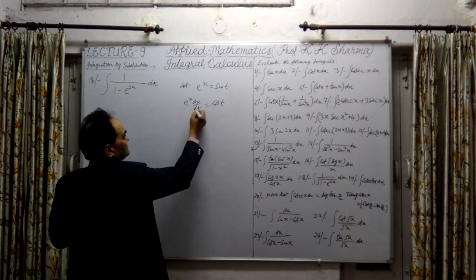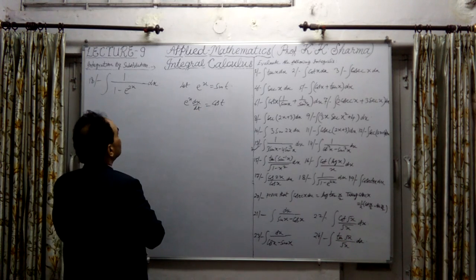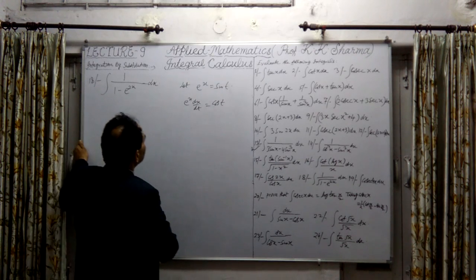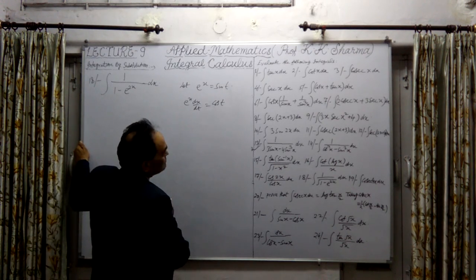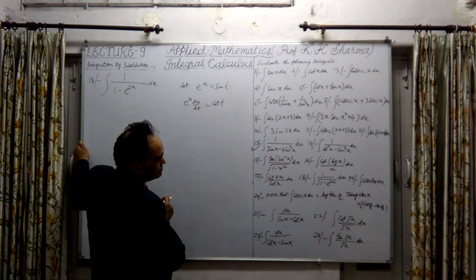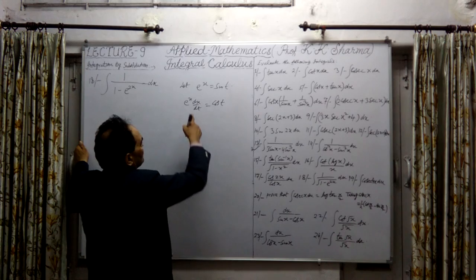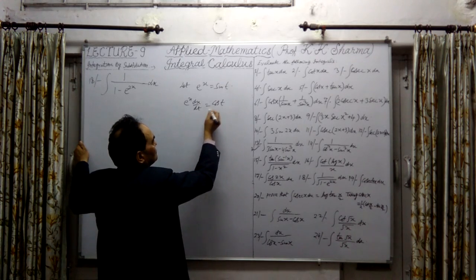So let me write here e^x into dx. So e^x is taken as sin t. But here e^x is not in the numerator. So e^x dx equal to cos t into dt.